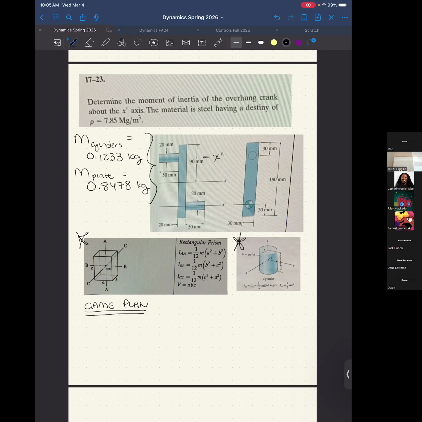Like the rectangular prism. For whatever reason, the rectangular prism is not on the Hibbeler sheet, but I found it online, and so I would give you that. The cylinder is on the Hibbeler sheet, in one of the covers of the actual textbook. So whichever ones of those you need, I will give to you.